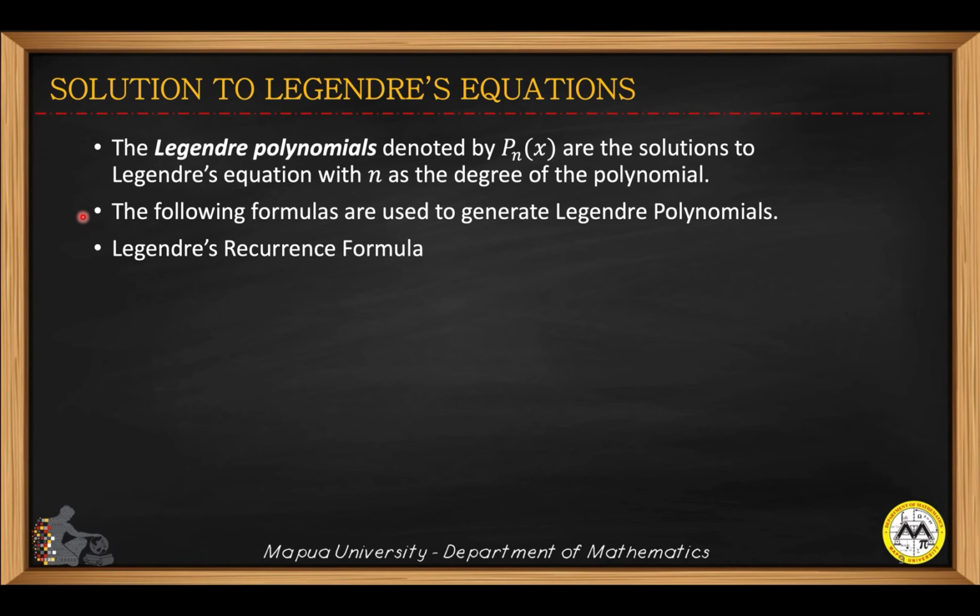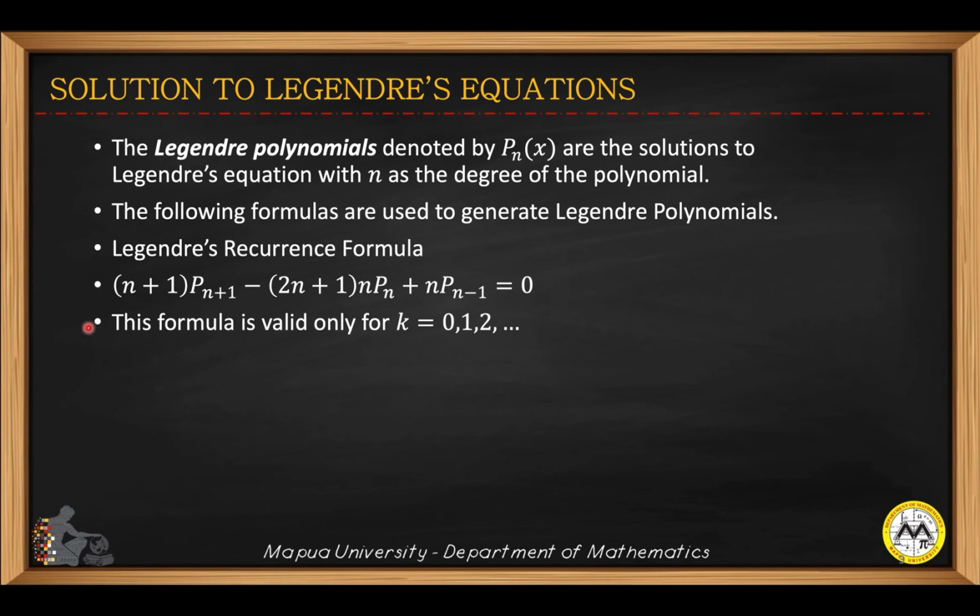We have Legendre's recurrence formula: (n plus 1) P sub n plus 1 minus (2n plus 1) x P sub n plus n P sub n minus 1 equals 0. This formula is valid for n equals 0, 1, 2, 3, and so on.